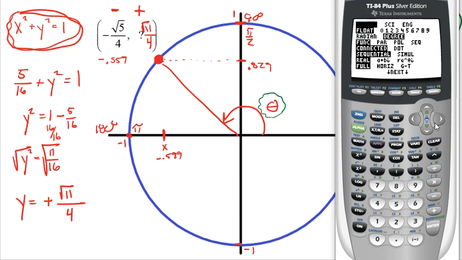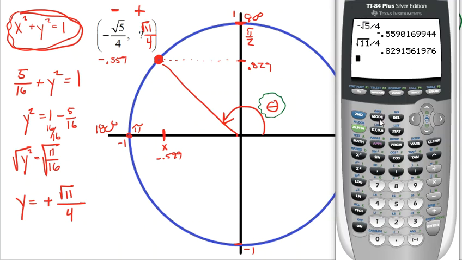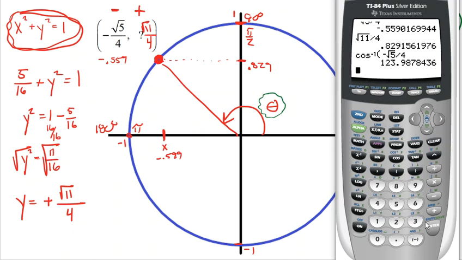I don't necessarily love degrees, but I know a lot of you do. Sometimes degrees are easier to see and understand, but we'll do radians as well. I'm in degree mode. That's good. So I'm going to do an inverse cosine of negative square root of 5, making sure I move outside of that square root of 5 for the divide by 4. And boom, it's 123.988 degrees.